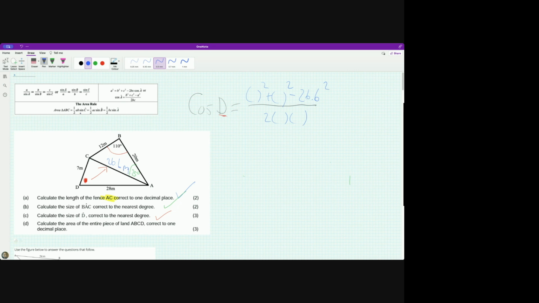Let's have a look. So we know this is the negative one. Well, what are the other two that are left? The 7 and the 28.